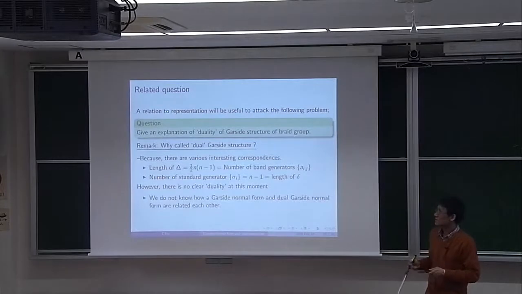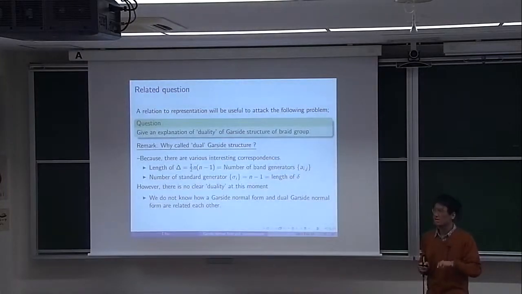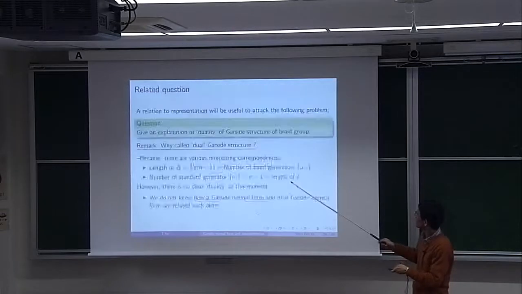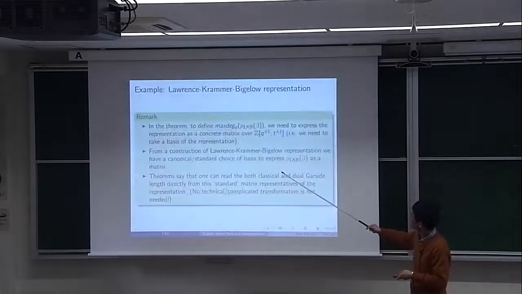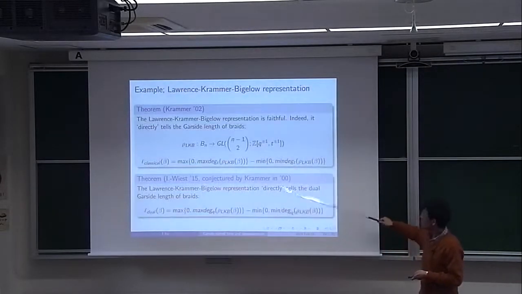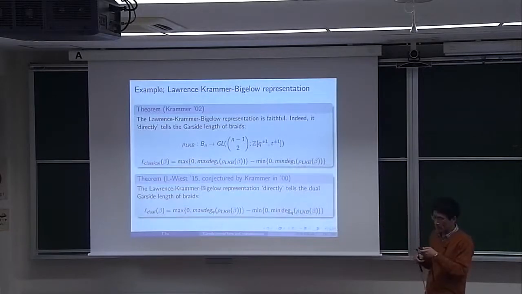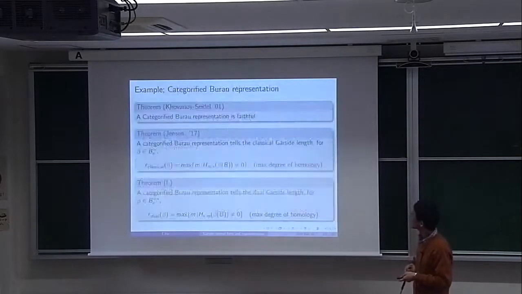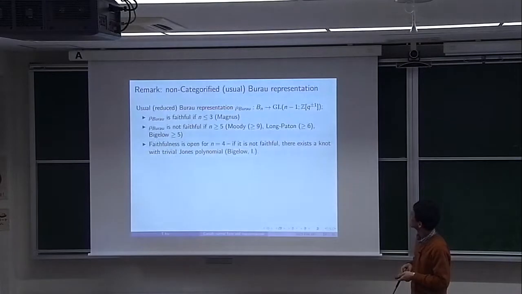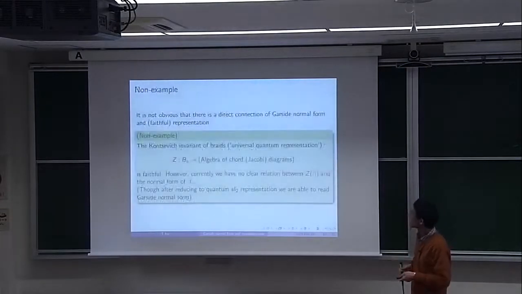I hope that representation theory, using various dualities and various previous theorems that indicate a duality-like phenomenon, will be useful. It would be useful to consider representations of braid groups to understand what the duality in the Garside structure is.